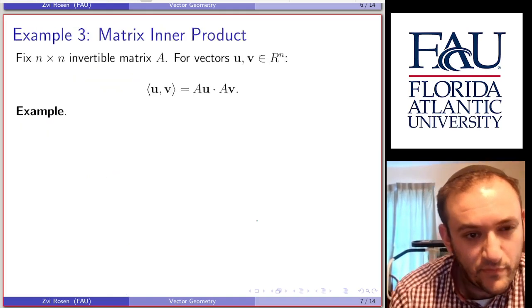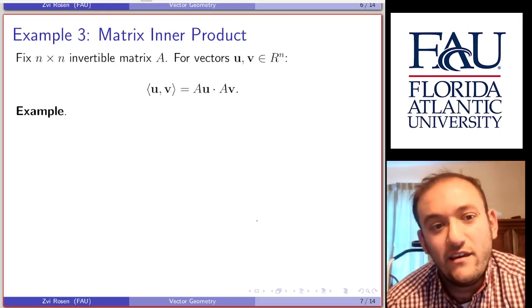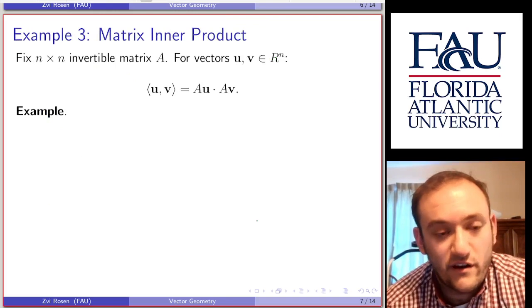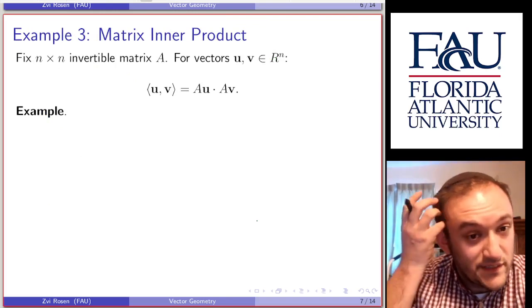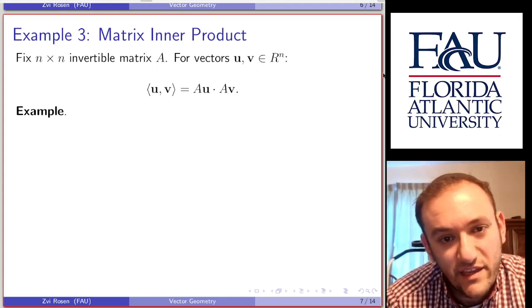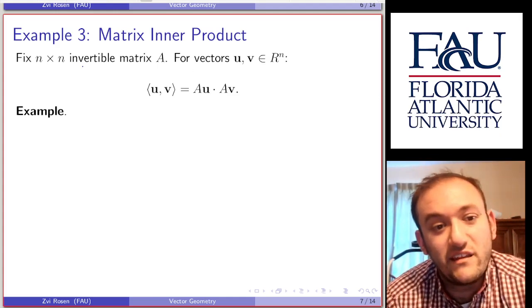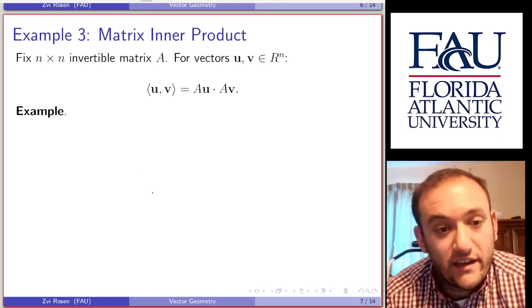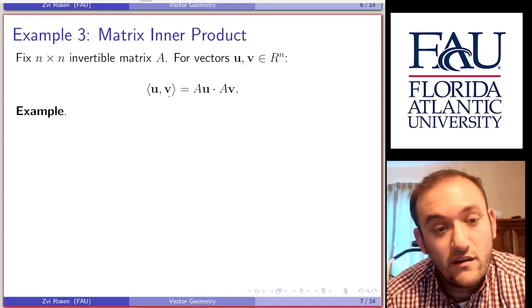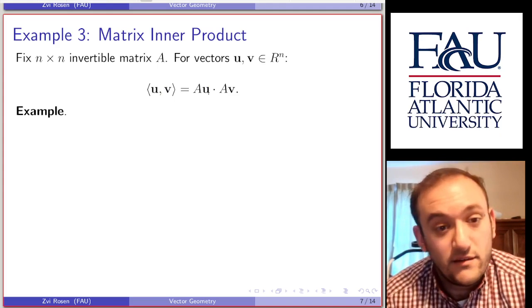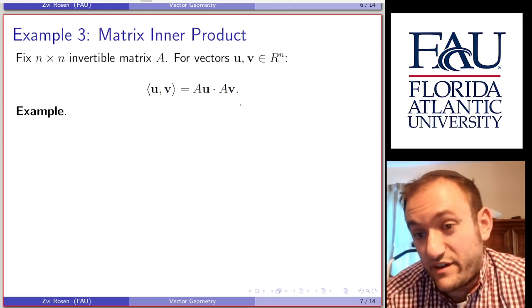Okay, now let's consider an inner product that is very different from the ones we've seen so far, though it's actually a generalization. And this is the matrix inner product. So you can fix an n by n invertible matrix A. And for vectors u and v in Rn, you define the inner product of uv as A times the vector u, dot product with A times the vector v.